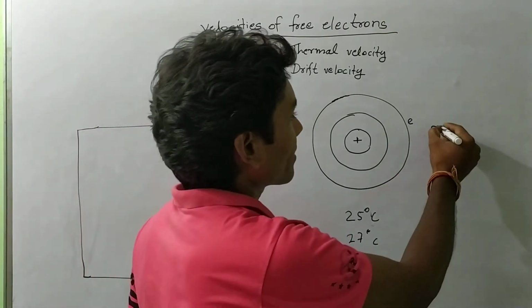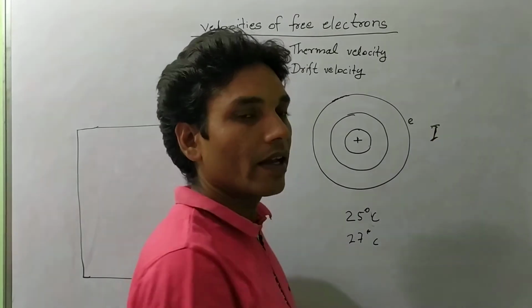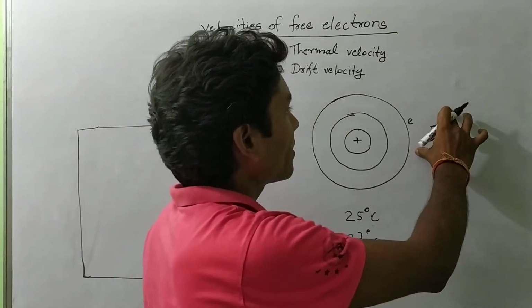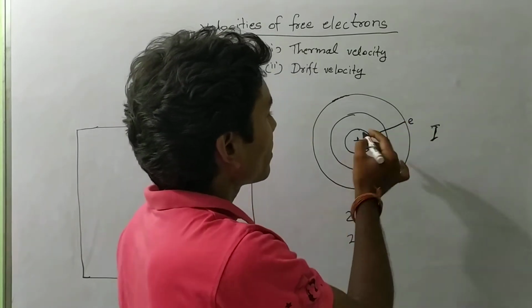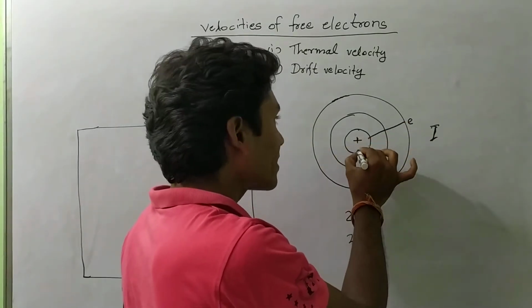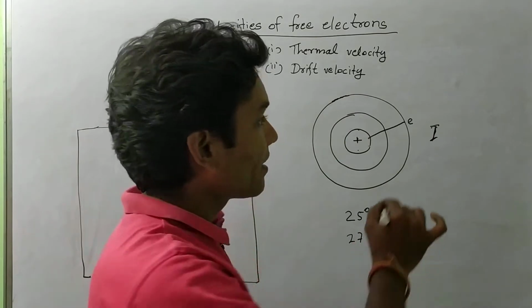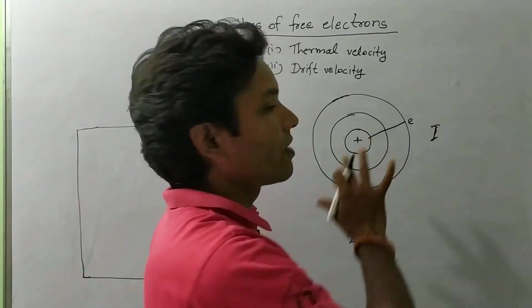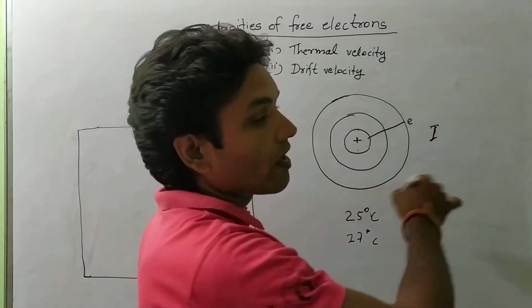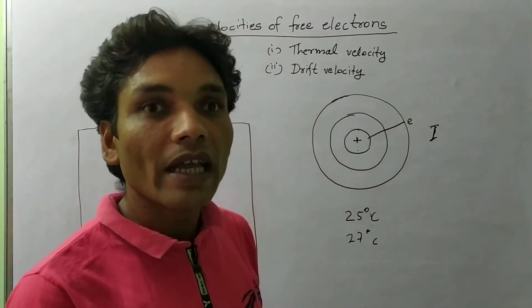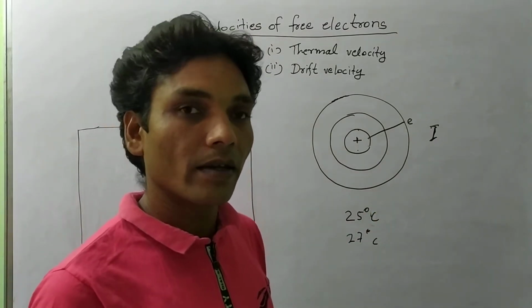If this extra energy gained by the electron is more than the attractive force between the nucleus and the electron, then this electron will detach from the atom. Now this electron is free to move in any direction in the conductor.